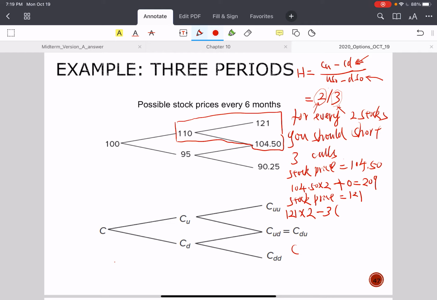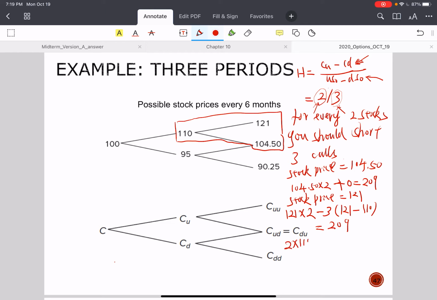So for each call, as a call writer or as a call option seller, you will lose 111 minus 110, right? So this will again give you the same total portfolio value, which is 209. So this shows you that no matter whether the stock price increases or decreases, your stock portfolio value would always be the same, right?